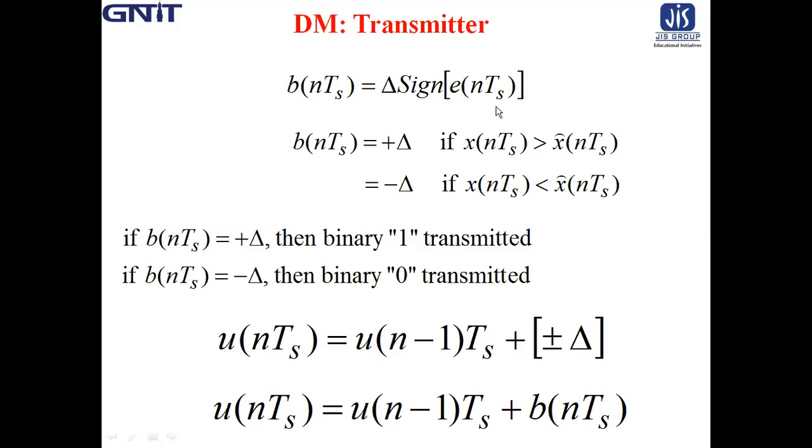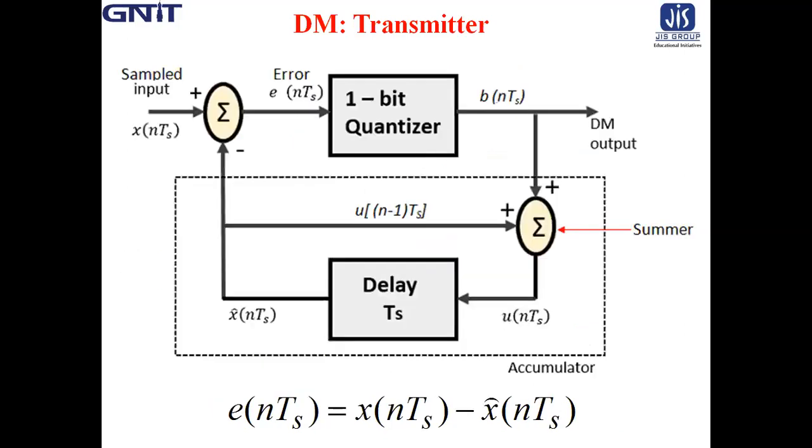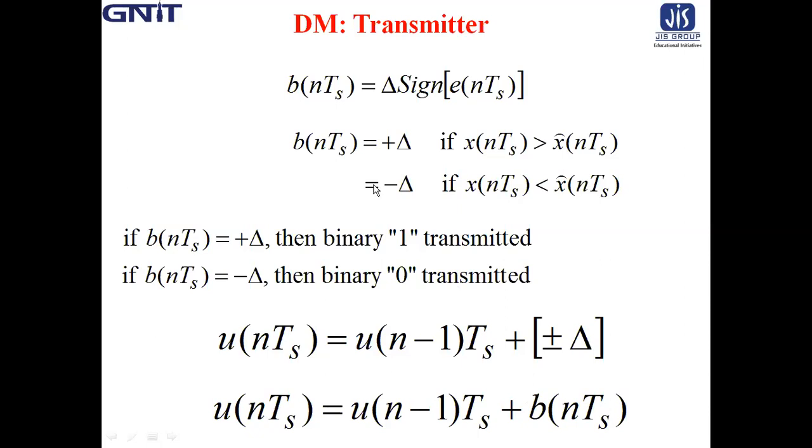Now, how is plus or minus delta transmitted? The rule is b(nTs) is plus delta if x(nTs) is greater than x cap(nTs). That means the present sample value is higher than the previous sample value. And if the present sample value is lower than the previous sample value, then it will transmit minus delta, so b(nTs) is minus delta.